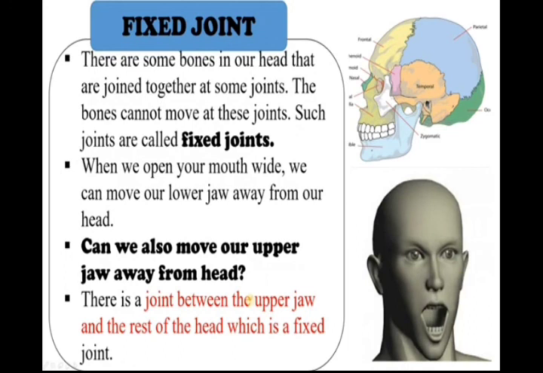When you open your mouth wide, what happens? You can see that all the bones present in the skull will be fixed. Only the lower jaw will be movable. Upper jaw is not movable because of the fixed joint. Okay.